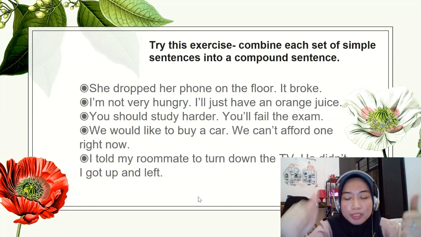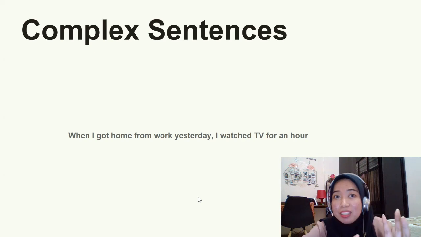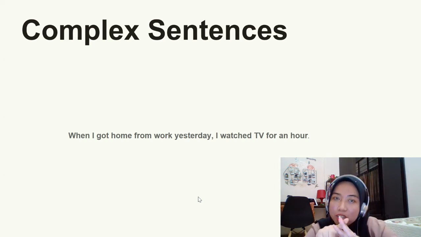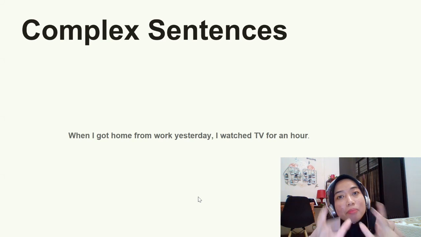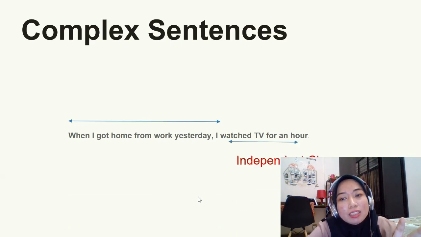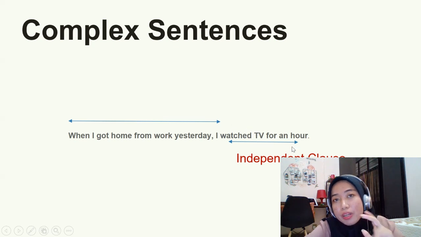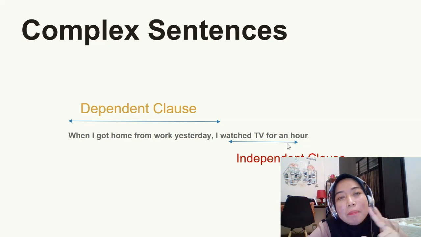Okay, right. Let's move into the final type of sentence, which is the complex sentence. So when we talk about complex sentences, just now we have independent clauses, right? Subject, verb, object. An independent clause can become one single sentence by itself, which is the simple sentence. But a complex sentence consists of an independent clause, for example subject I, verb watch, TV for an hour is the object or the idea of the sentence, together with a dependent clause.